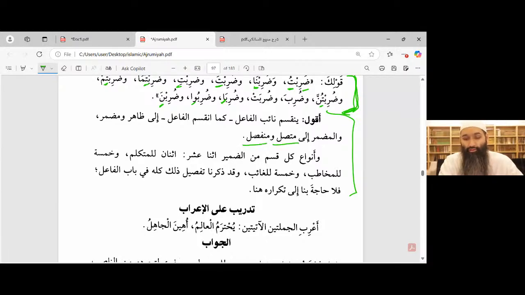There are two categories of damir, muttasil and munfasil, and the types for each category is 12: اثنان للمتكلم, two for the mutakallim, وخمسة للمخاطب, وخمسة للغائب.